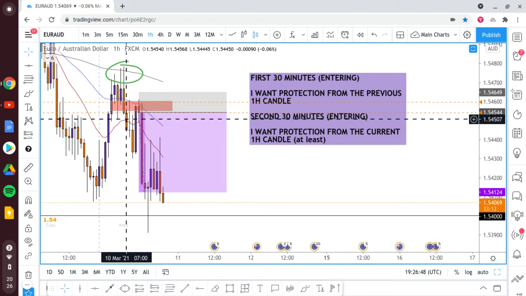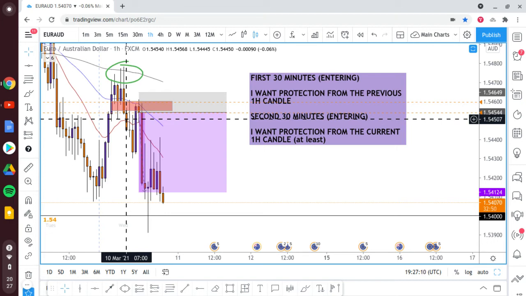I want to make it as solid as possible that also will give me a risk reward that makes trading worthwhile. Now, obviously, you're not always going to get amazing risk reward. That's just not the way that the market works, but it can be an amazing tool to use in your trading on a day-to-day basis.